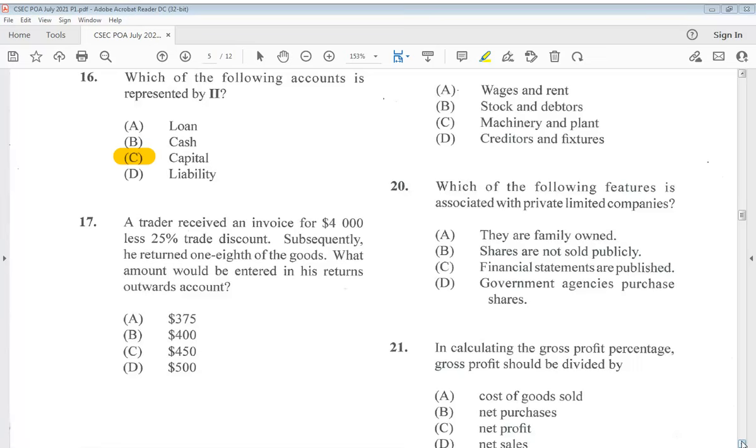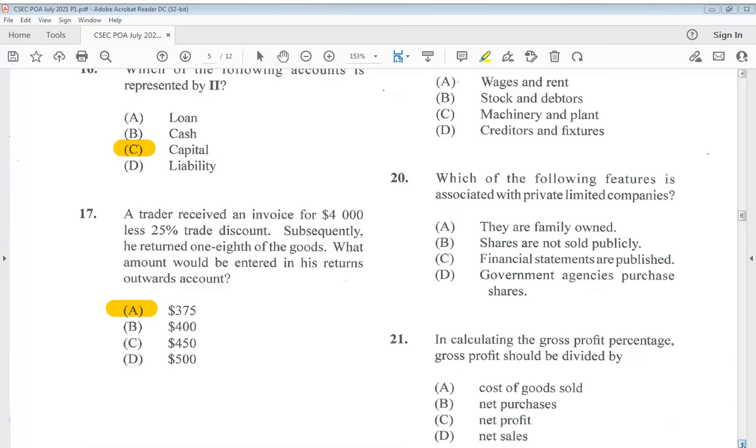Right? And then we would subtract that $1,000 from $4,000, which would give us $3,000. And we're asked, it says that he returned 1/8. So we find 1/8 of $3,000, and that would give us $375.